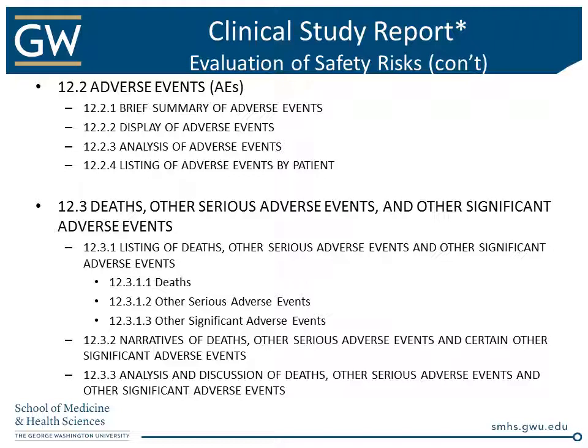Then Section 12.3.3, Analysis and Discussion of Deaths, Other Serious Adverse Events, and Other Significant AEs, is really similar in focus to Section 12.2.3, Analysis of Adverse Events. Section 12.3.3 discusses patient deaths, serious adverse events leading to discontinuation, and other significant adverse events.